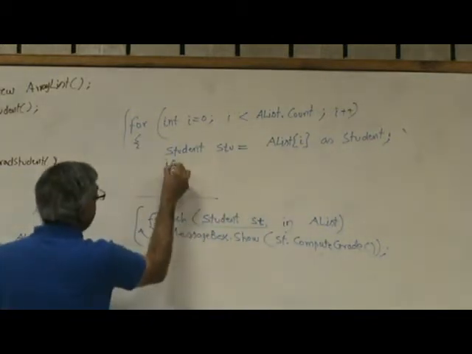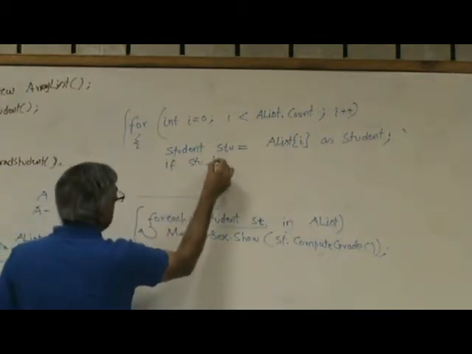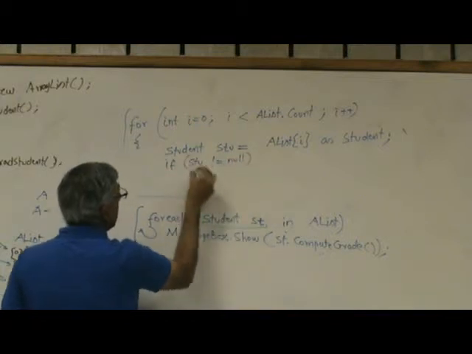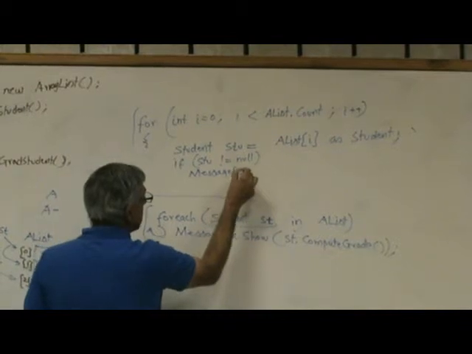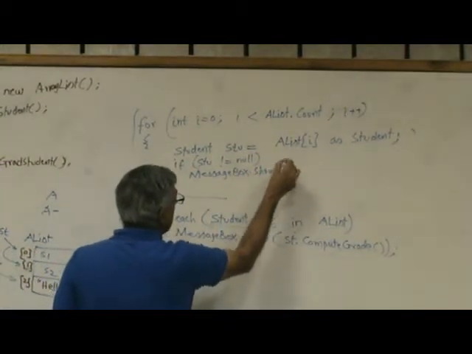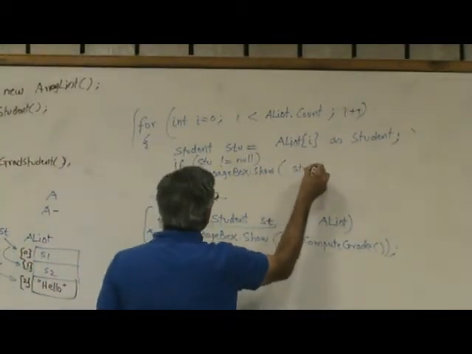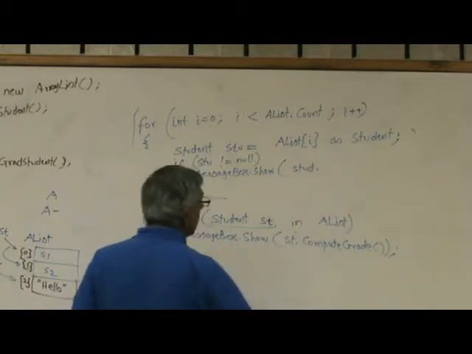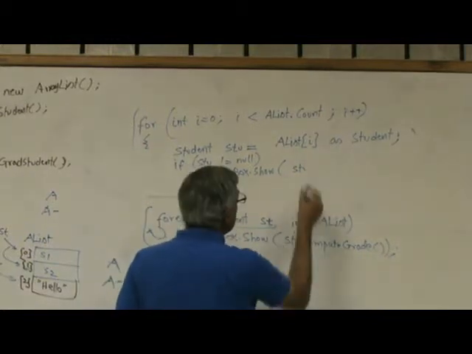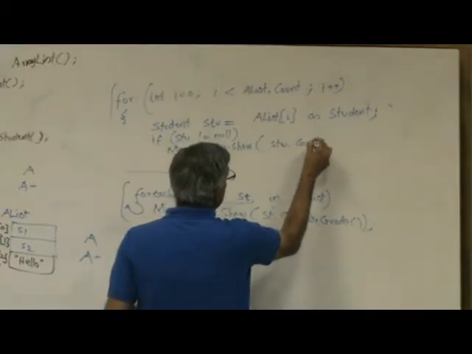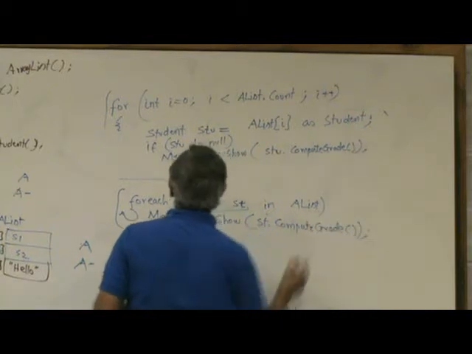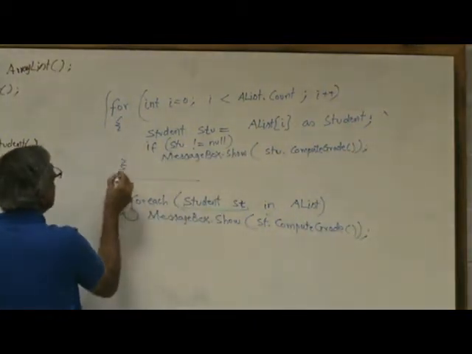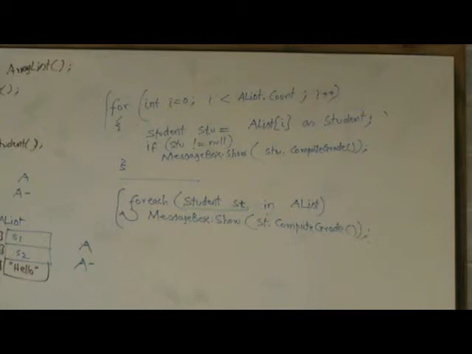Okay, if STU not equal to null, then message box dot show stu dot compute grade. So we will change the code to look like this.